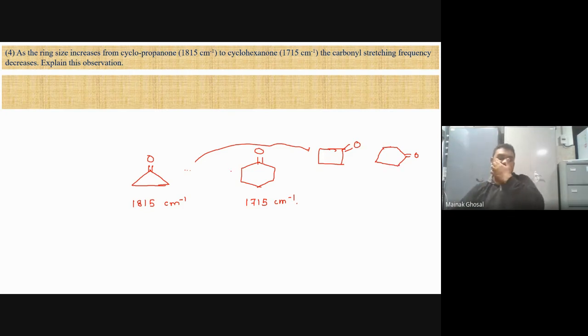They generally come between 1815 and 1715, but as the ring size gradually increases, the vibrational frequency decreases. In other words, if you go from cyclohexanone to cyclopropanone, as your ring size decreases, the vibrational frequency of the carbonyl increases.